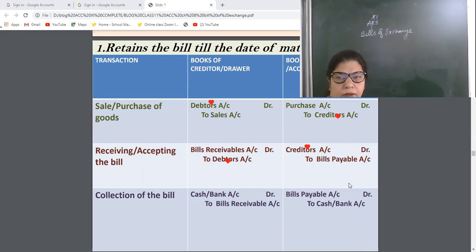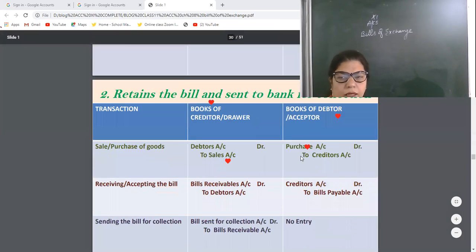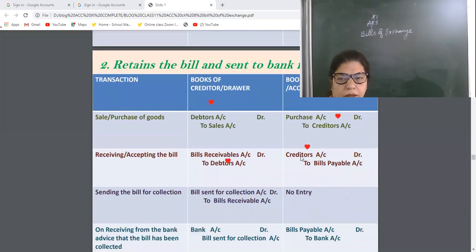Now, second case. See, now that is difficult for you because it is a new thing for you. Nowadays, many factoring agencies, many private banks, as well as nationalized banks, are giving facilities for bills sent for collection, BSC.